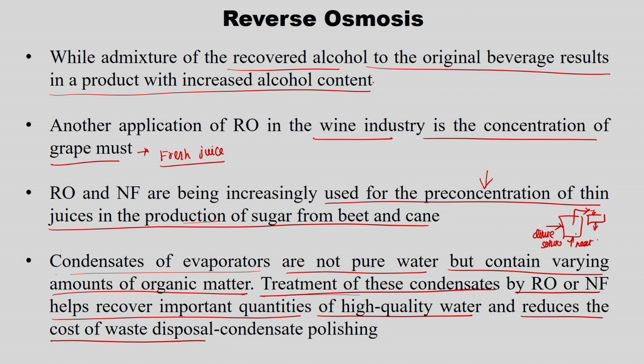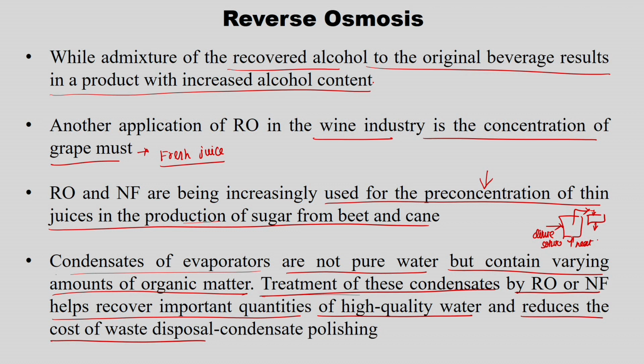And one thing is I am getting high quality water, and from another point of view, in a cost effective manner I am also reducing the cost of waste disposal. So, if you have to throw this condensate with all the organic matter, you have certain environmental regulations, right. So, that is not that easy a process. So, you are getting the high quality water and also reducing the cost of waste disposal.